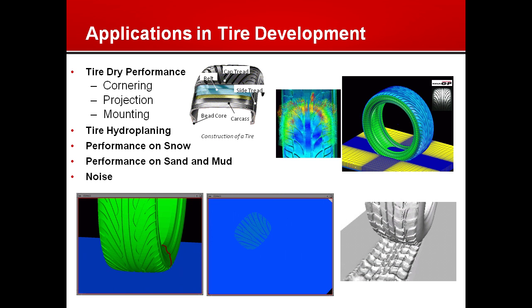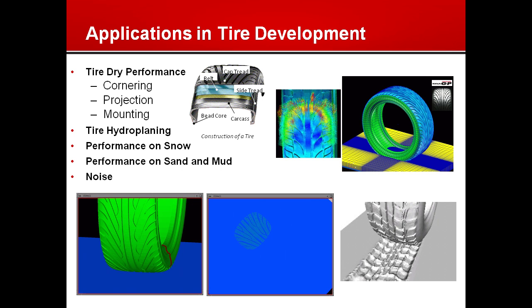The next application is in the tire industry. Tire hydroplaning is a very complex FSI application. The tire itself is highly nonlinear. It's made of rubber and reinforced with a steel belt. It has composite behavior, it has many layers, and it is inflated and carries the weight of the vehicle.